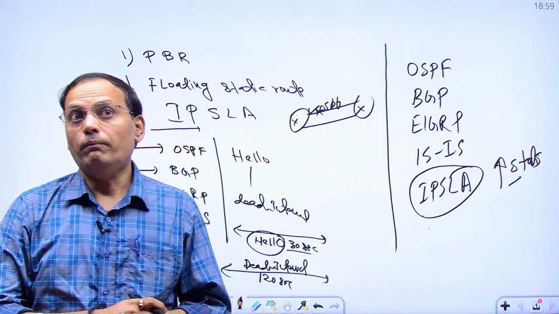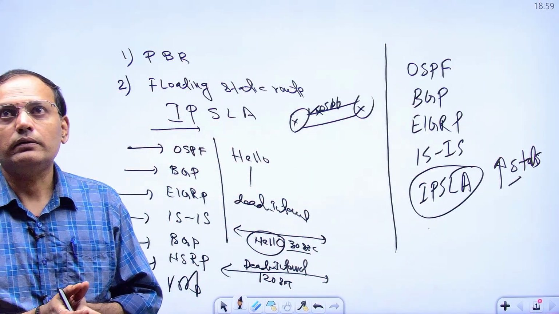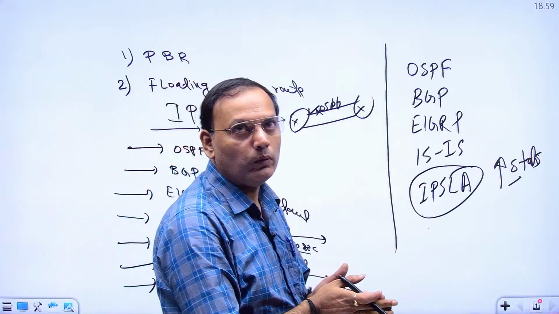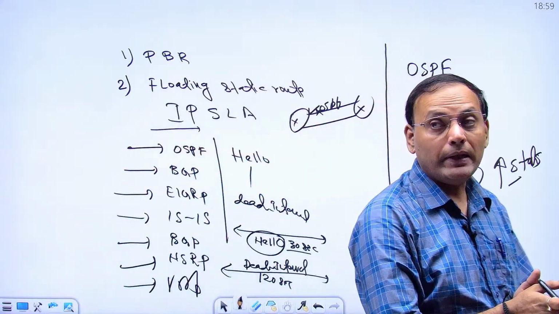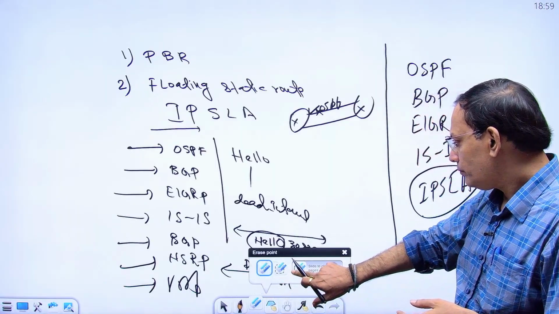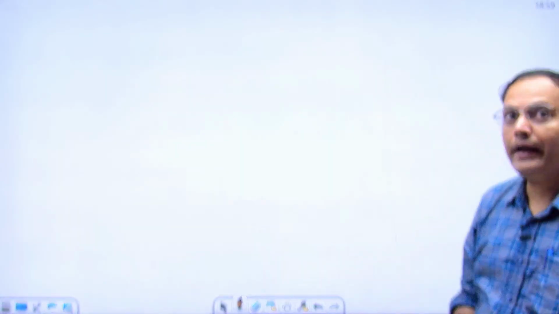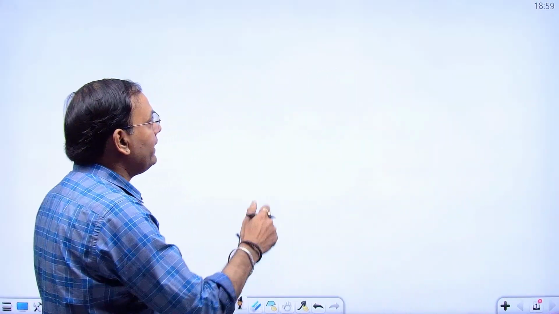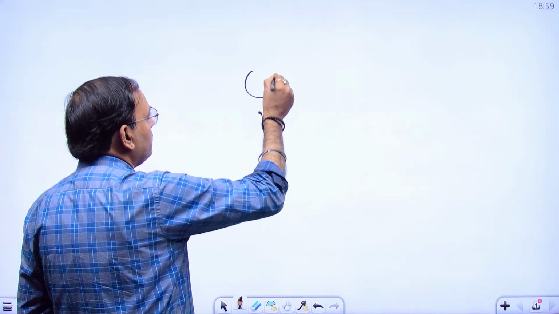Right? So hello is by design in dynamic protocols. But in your static routing, there is no hello. What will happen if there is no hello? Now, again I will draw that diagram and correlate everything.